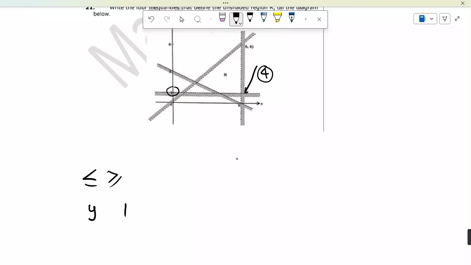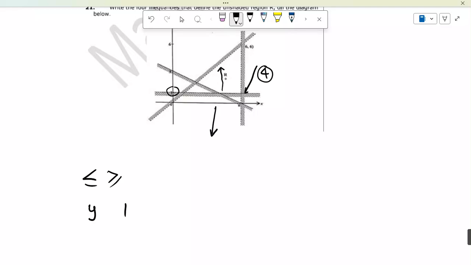If you see the line, our region is above here. Going up is y greater than 1 or less than 1. Going down is y less than 1 or greater than 1. So our region is this one.